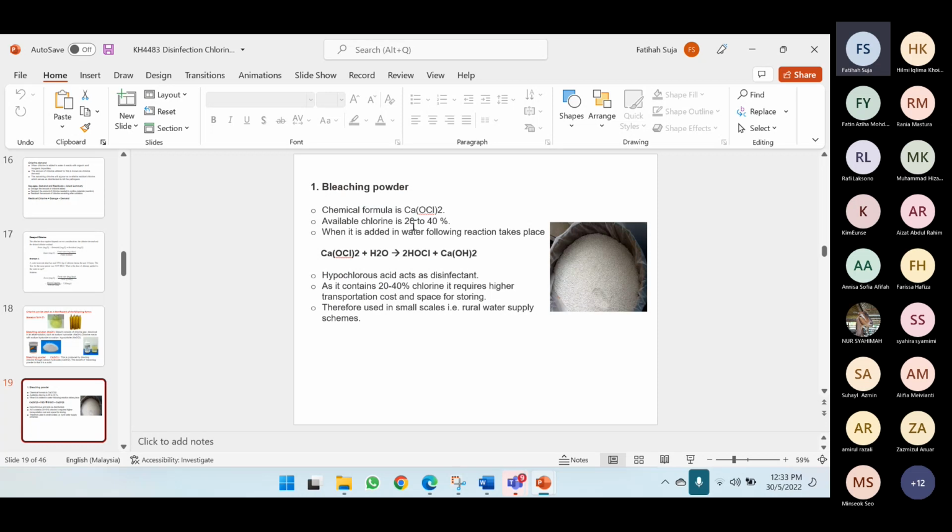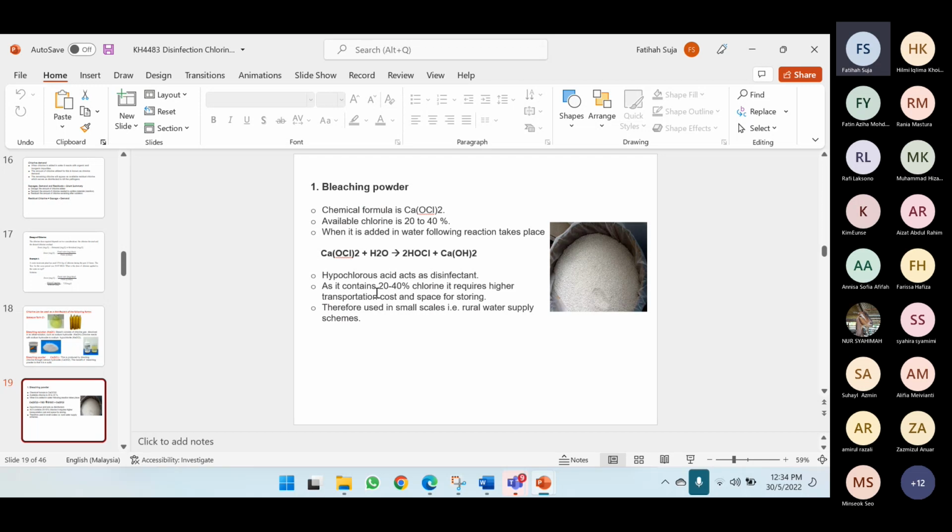The available chlorine is only 20 to 40%. When it is added in water, the following reaction takes place: calcium hypochlorite plus water gives you hypochlorous acid and calcium hydroxide. So hypochlorous acid acts as disinfectant.